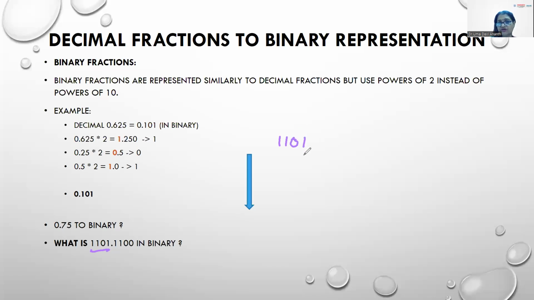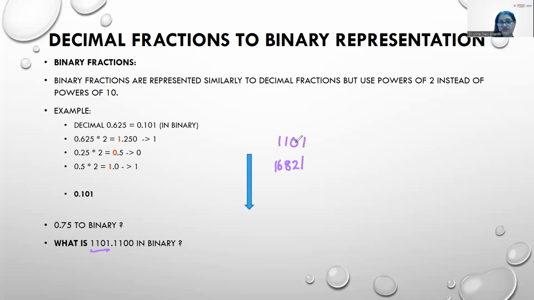We use the place values. What is the place value of this? 2 to the power of 0, that is 1. The place value of the second digit is 2 to the power of 1, which is 2. Then this is 2 to the power of 3, which is 8. And this is 2 to the power of 4, which is 16.